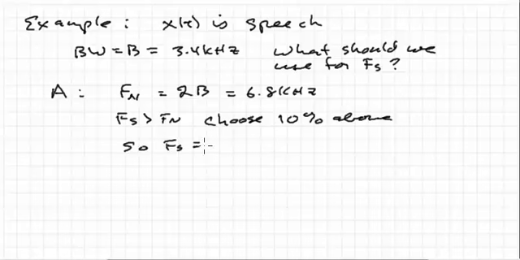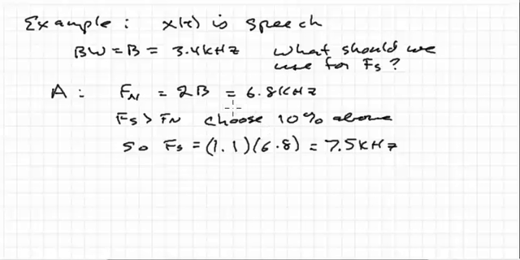So you might just write Fs is equal to 1.1 times 6.8, which is 7.5 kilohertz.